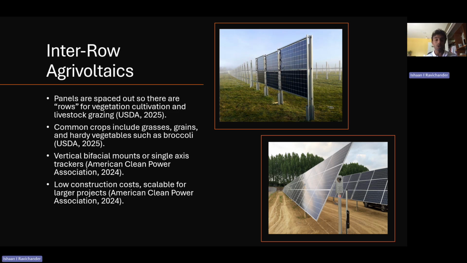Vertical bifacial mounts are also used in these inter-row settings. This is represented by the picture in the top, in which the panels are fixed, facing east and west with panels on both sides, in order to maximize light capture in the mornings in the east and in the evenings in the west.